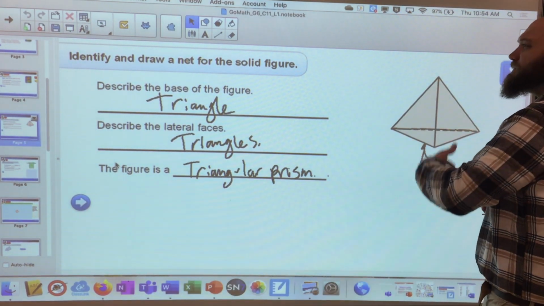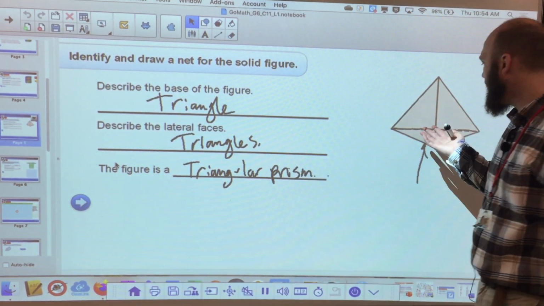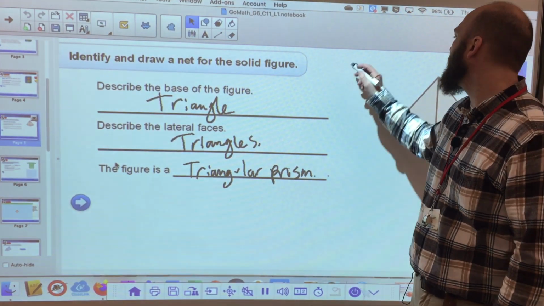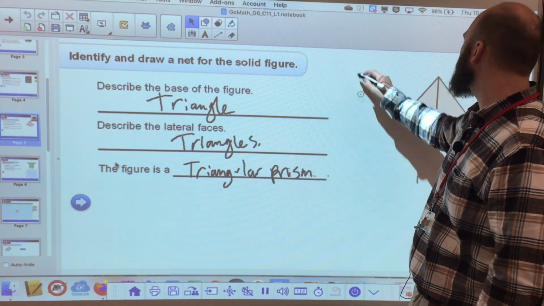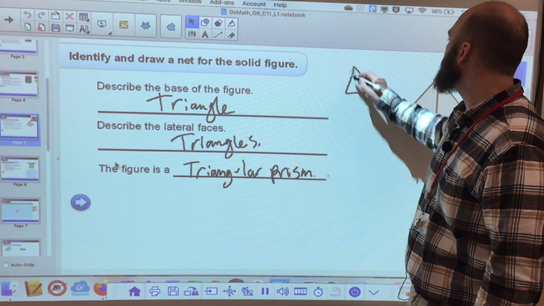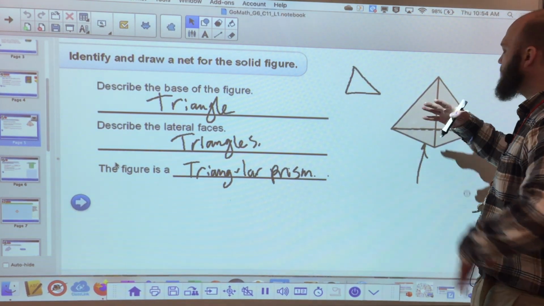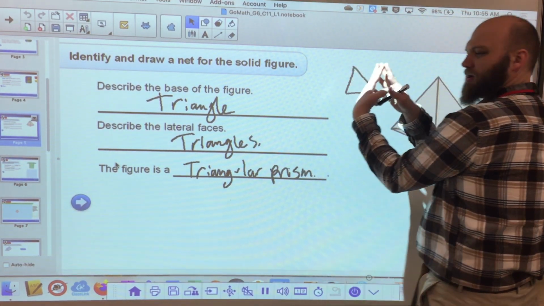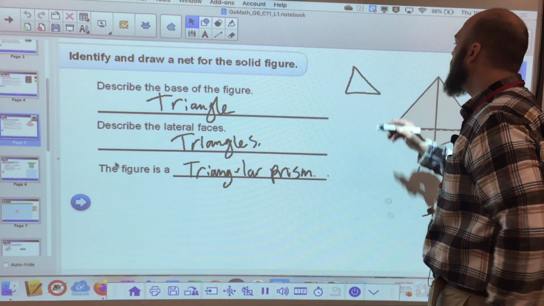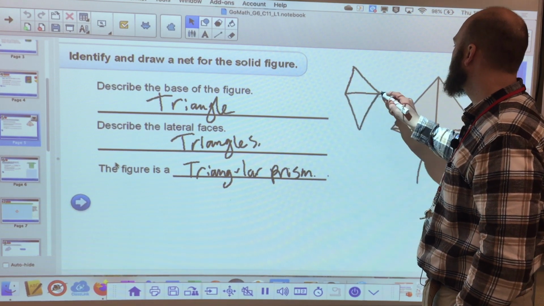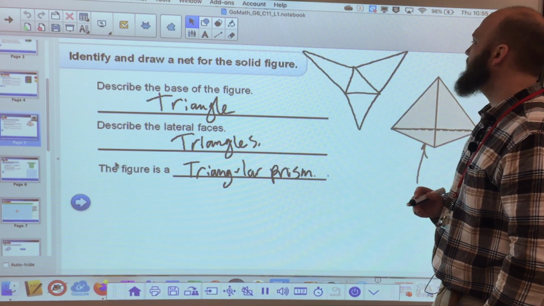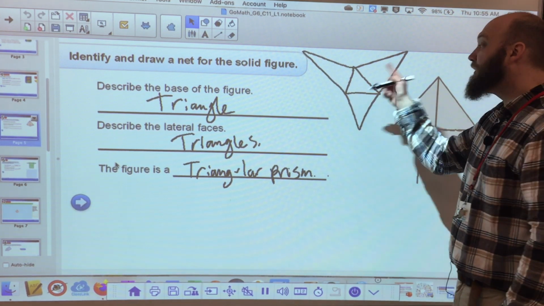So I've identified my net. I know what all my shapes are. So what are the sides? Well, I have a base, which is a triangle. If I were to lay that triangle open, right? Just picture like a sci-fi movie at a pyramid, just lays open. All of the sides would come off of that base. Now I have a net.